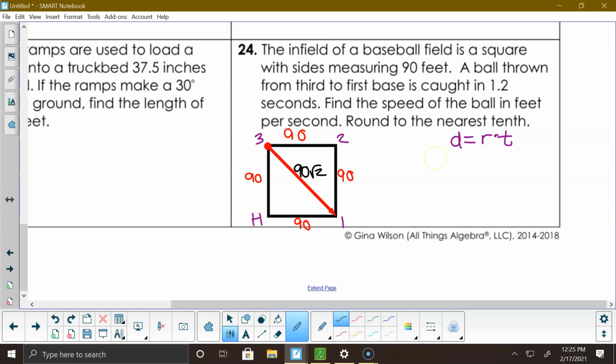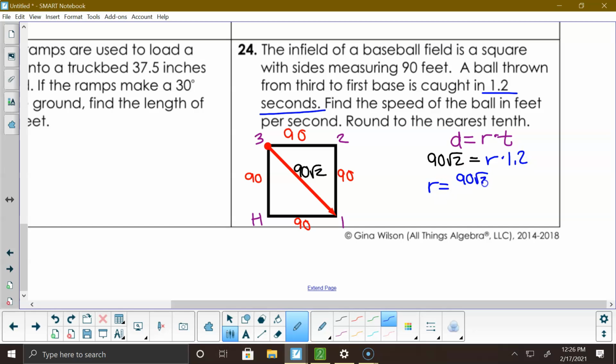All right. So they tell me that the distance it traveled is 90 times the square root of 2. It equals the rate, which is my speed, and that's 1.2 seconds. Or no, I'm sorry, that's time. I don't know what rate is, times my 1.2 seconds.